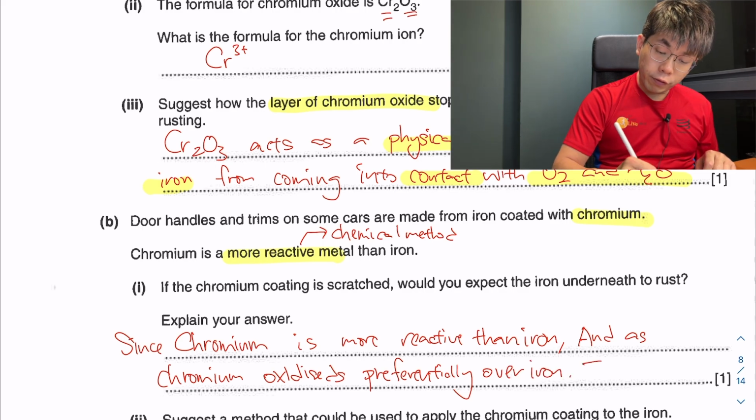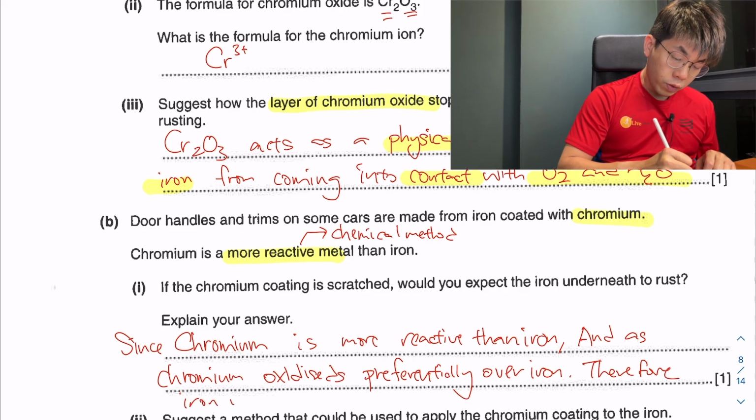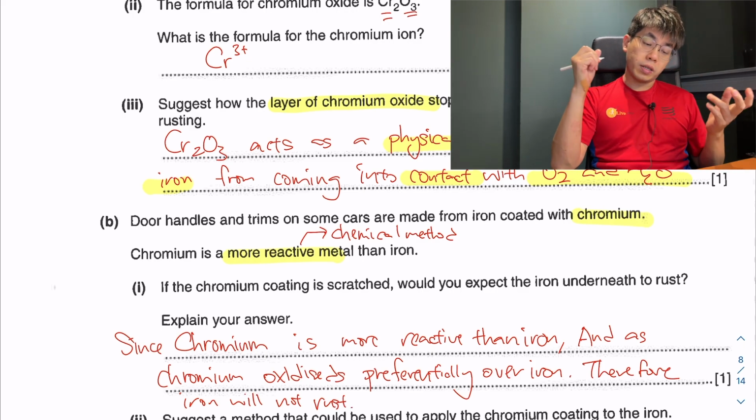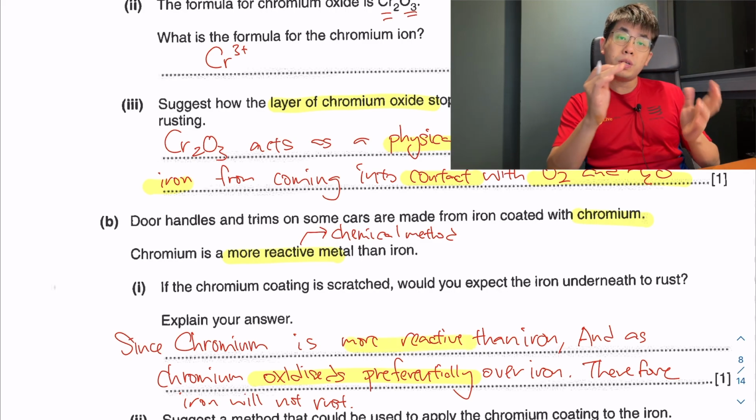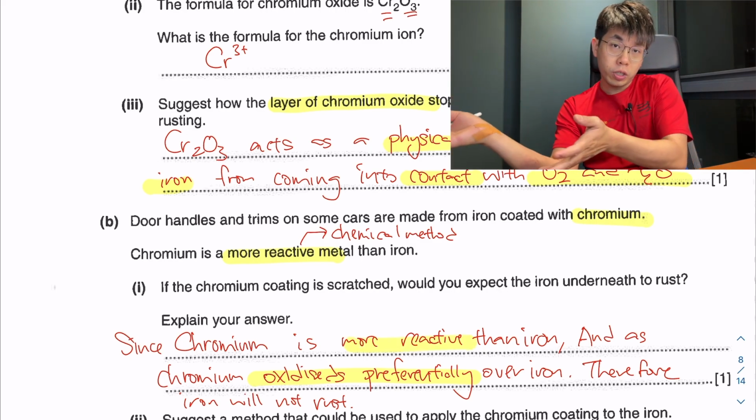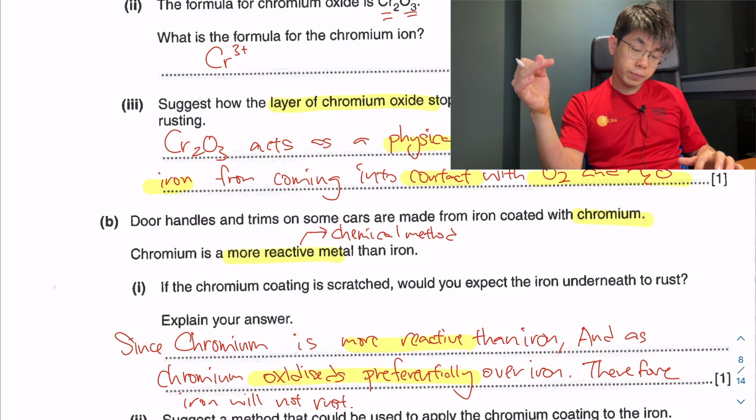Therefore, iron will not rust. So that's the chemical protection. Oxidizes preferentially, that's one, and more reactive. Please do not use the word sacrificial protection without explaining this.